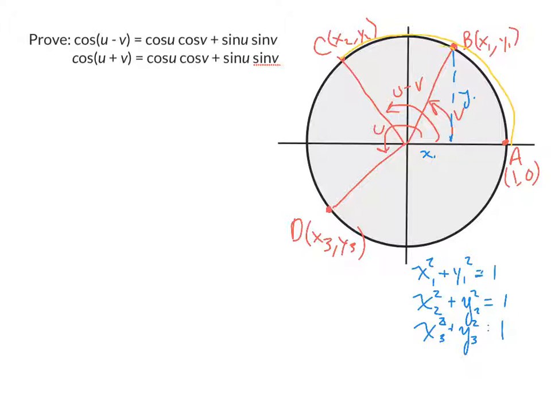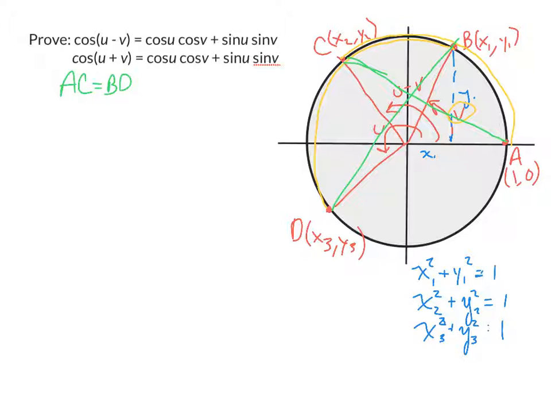And the length from B to D has that same length, since the rotation to D is u, and then to back it off we would take away the v radians that we rotated to get to B. So both of these have the same arc length, and therefore the segments that make them, segment AC and segment BD, must be the same as well. So we know that AC equals BD as far as length.